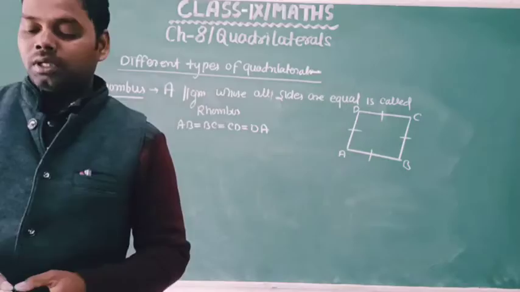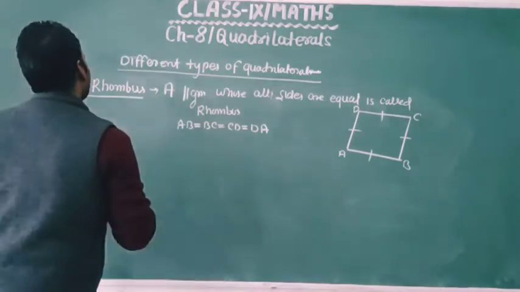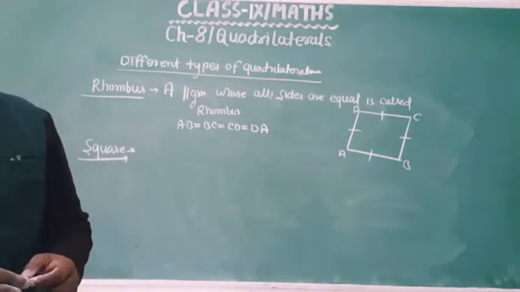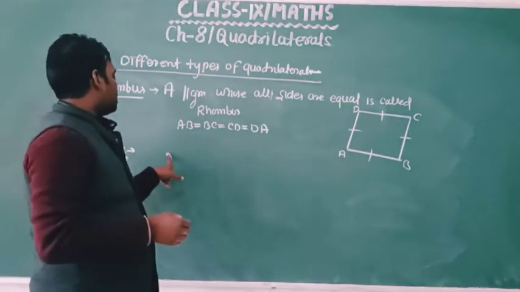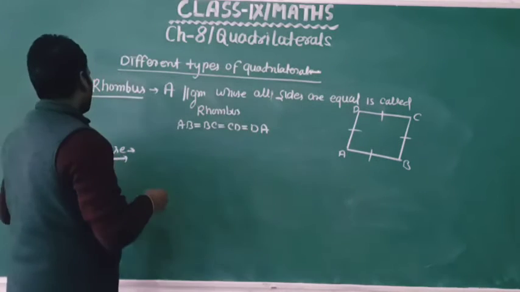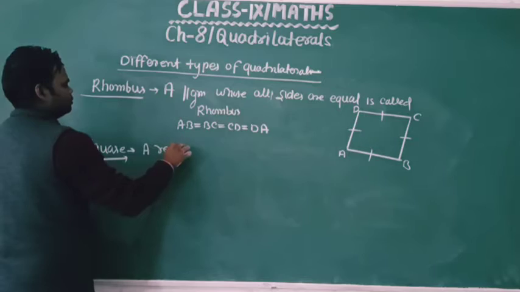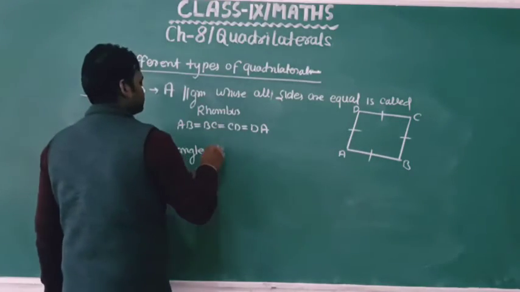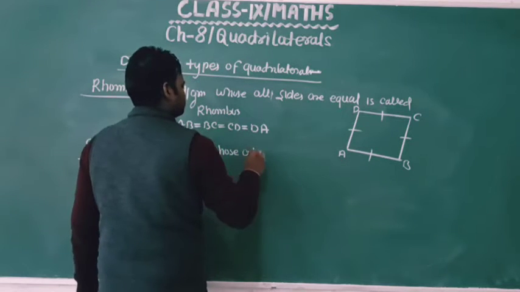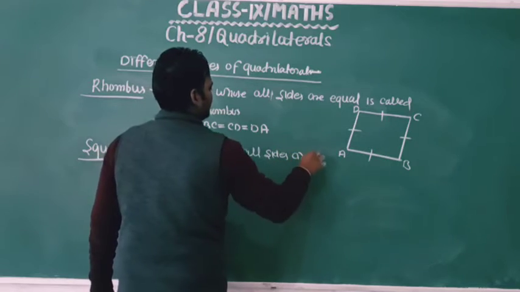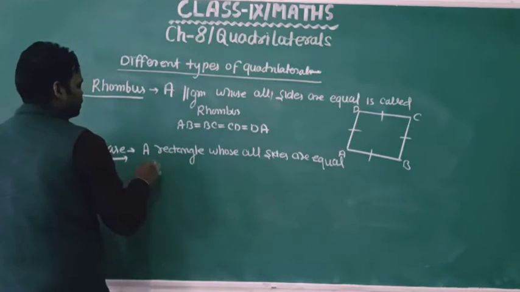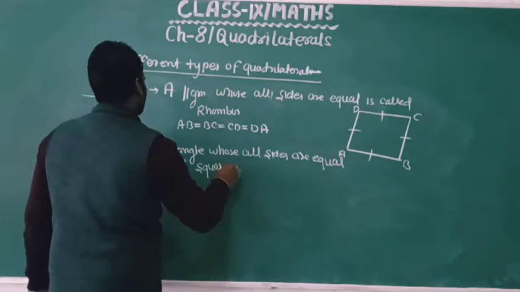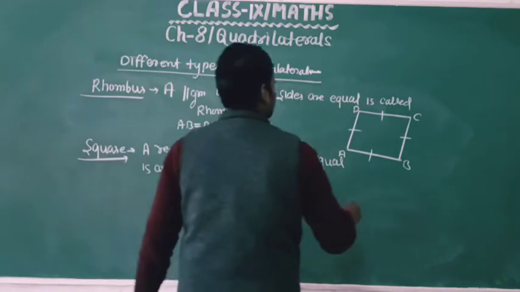Next, square. A rectangle whose all sides are equal is called a square.